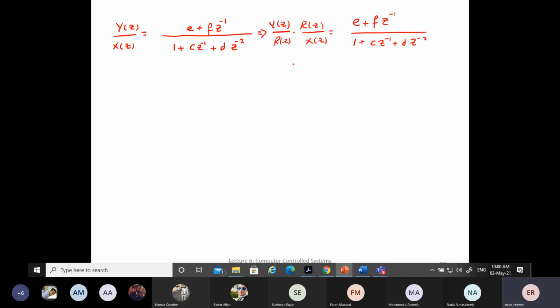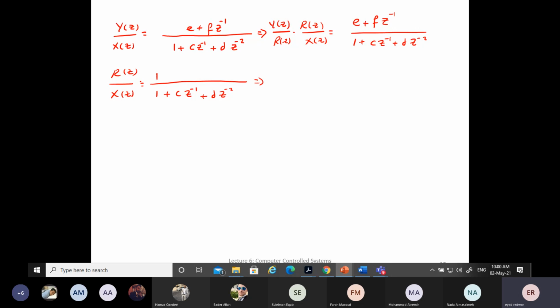Let's take this one equal to the denominator, so I will write R(z) over X(z) equal to 1 over 1 plus c z to the power minus 1 plus d z to the power minus 2. I think you are now very familiar with this.